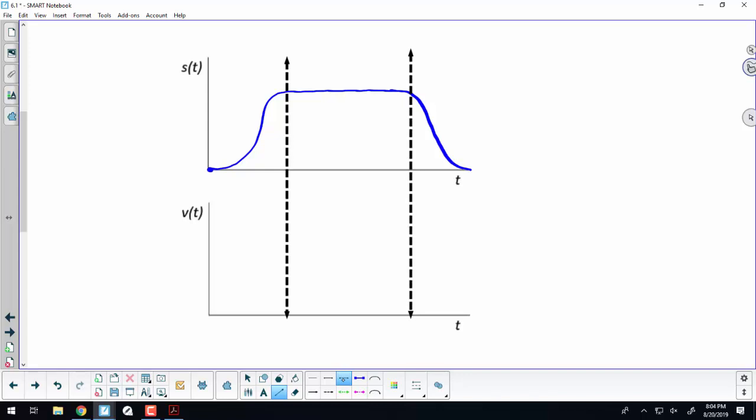It's 0. The position remains constant, but if your position is constant, that means you're not moving. If time is ticking and I'm standing here, my position is here, and velocity is 0. Remember, the velocity is the rate of change. If I looked at the slope of the line here, the slope is 0. That's my velocity. So velocity is 0 here.